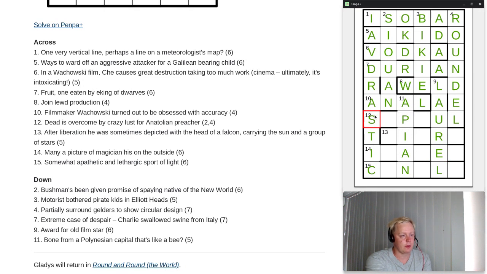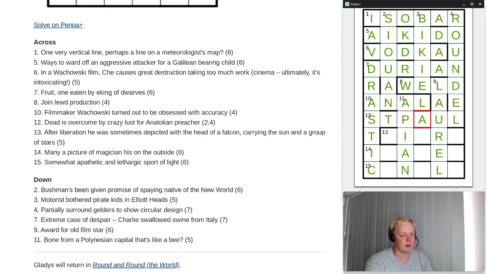Now 12 across looks promising because we only need 2 letters here. So let's see. Dead is overcome by crazy lust for Anatolian preacher, and this is 2 words, 2 and 4. An Anatolian preacher is going to be Saint Paul. So how does that work? Crazy can be an anagram indicator, if you have the word lust and it's crazy.